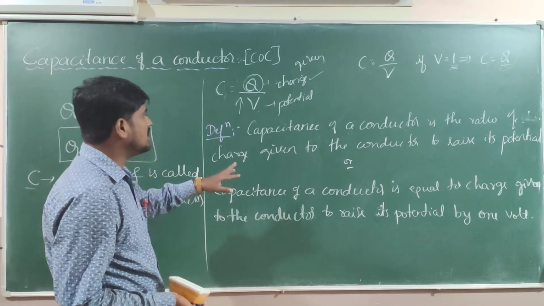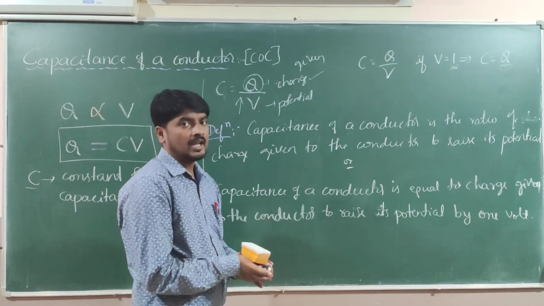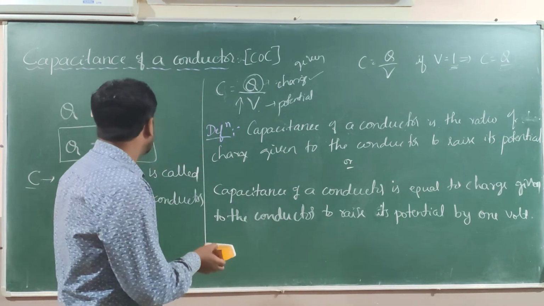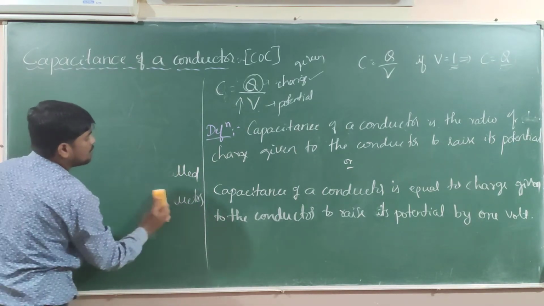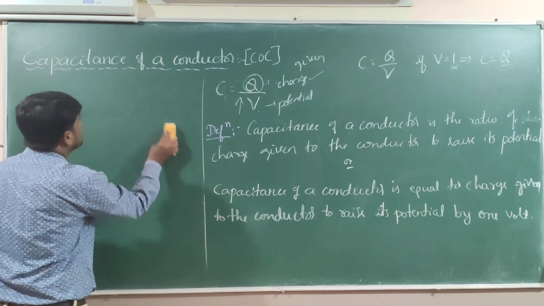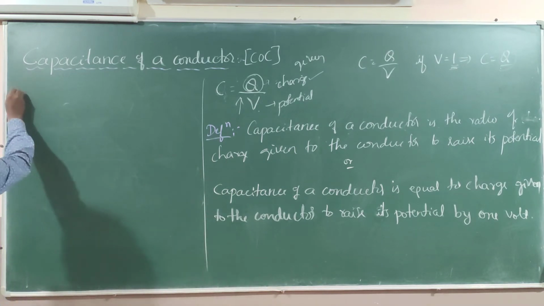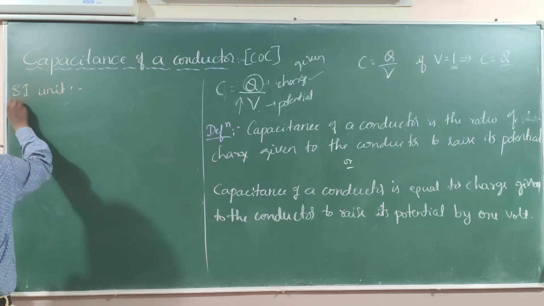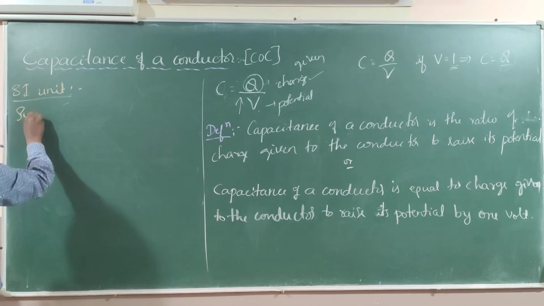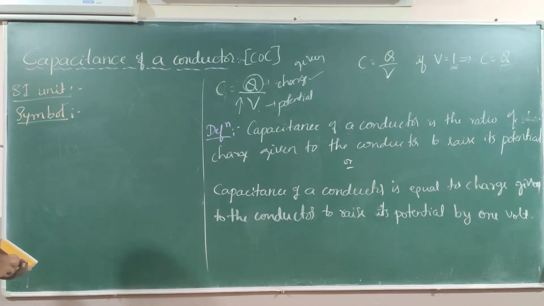In the examination, they may ask to define capacitance of a conductor. You can write any one definition. Now, after defining this, let's go to some more important topics: the SI unit and symbol.